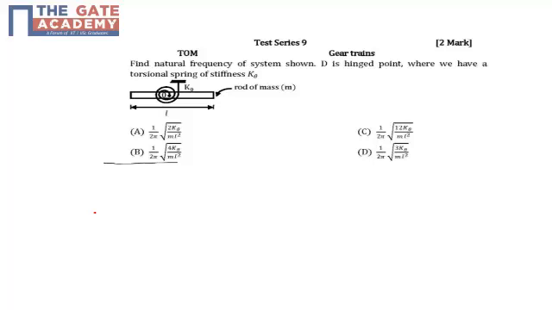We used to write sigma F equals ma, Newton's law, and express acceleration as some constant times displacement. This used to be the natural frequency squared. So this is the conventional format.